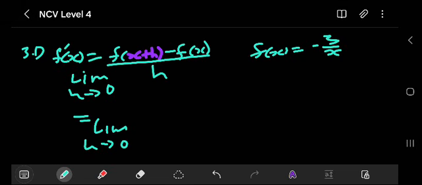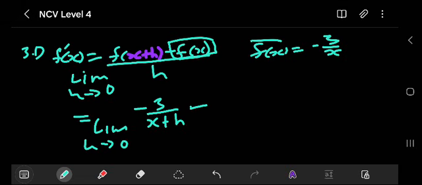If you check, we have the fraction, we'll have minus 3 over x plus h, then we have minus f of x, whereby f of x is the whole thing, is equal to that.